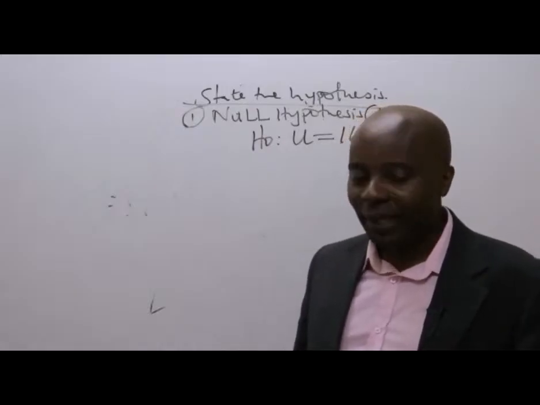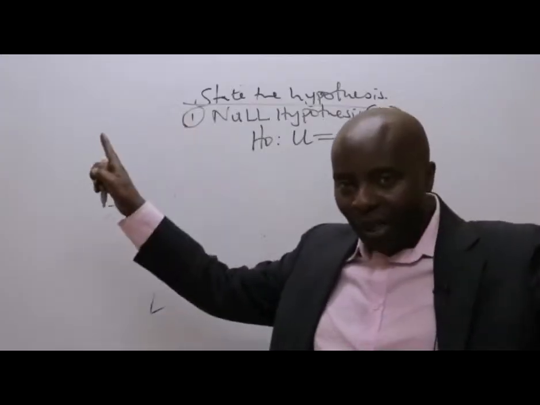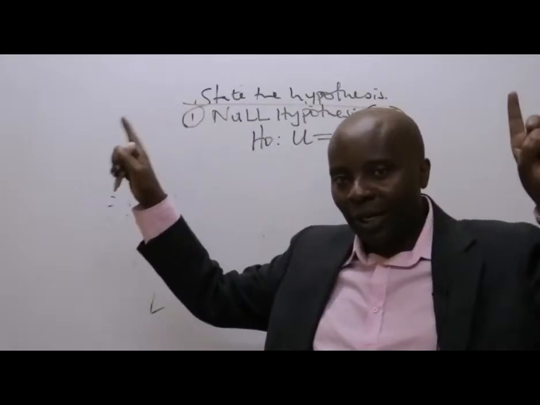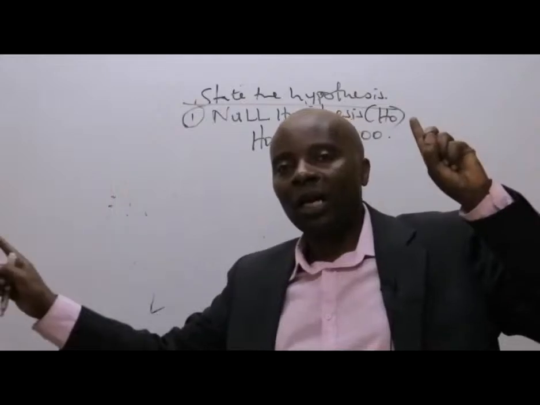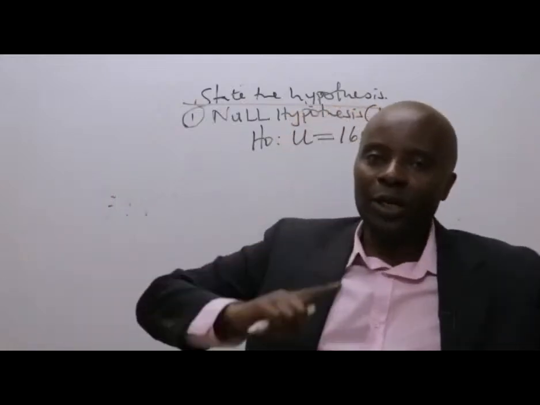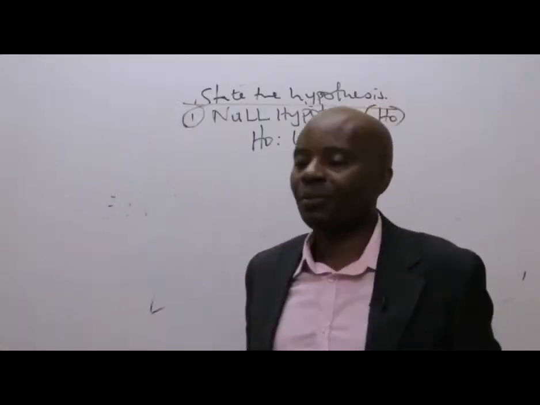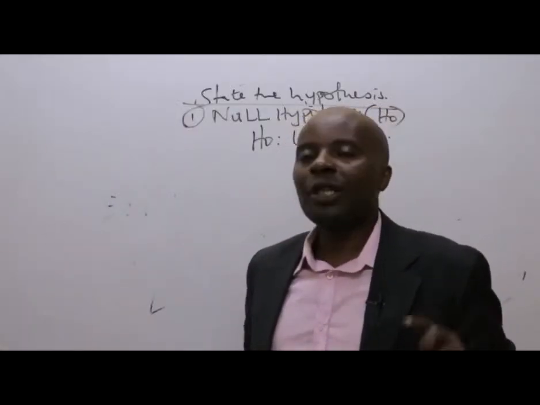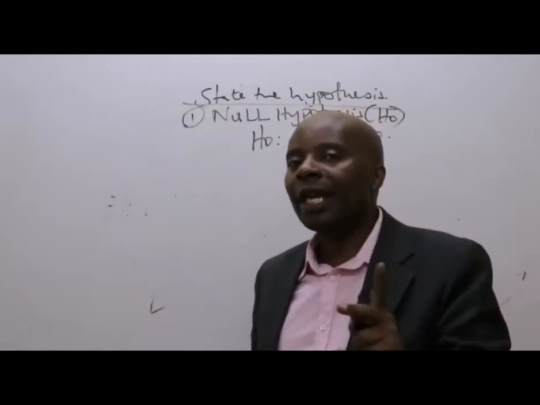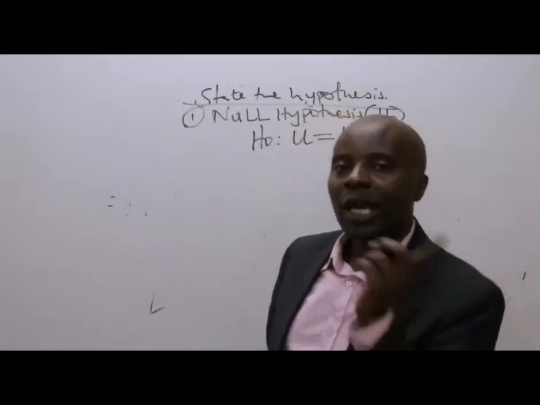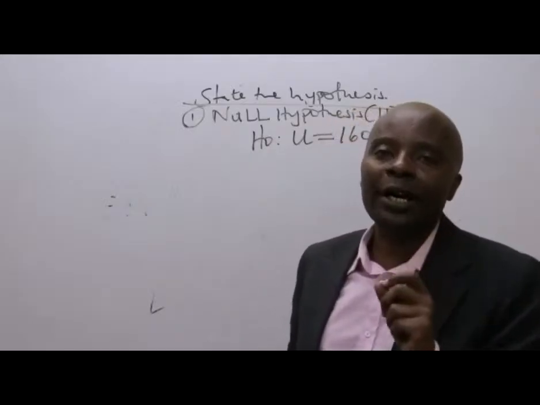Now, ladies and gentlemen, remember they want us to test the claim that when we put up that bulb, it's going to stay there for 1600 hours. But you and I know that there is a possibility of this bulb either taking a lower duration or a higher duration. So it means that here we shall be carrying out a 2-tails hypothesis test, because our null hypothesis does not specify a direction.